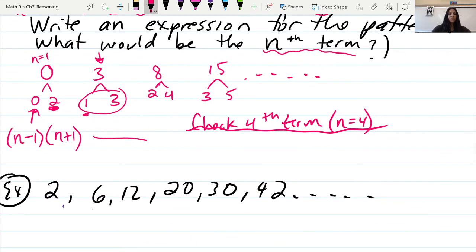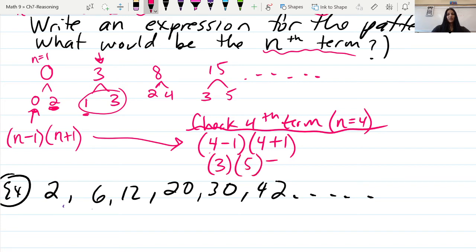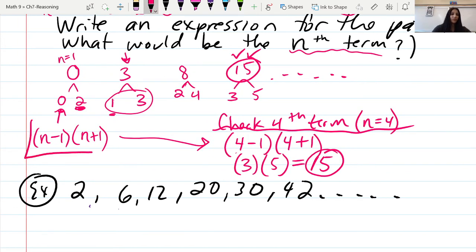If my formula really works, well, it should be 4 minus 1 times 4 plus 1. 4 minus 1 is 3. 4 plus 1 is 5. So if this is true, I should get the number 15, which is what I got here. So I know that this formula really does work. So this is what I would give as my solution.